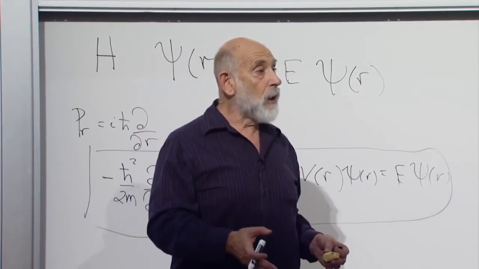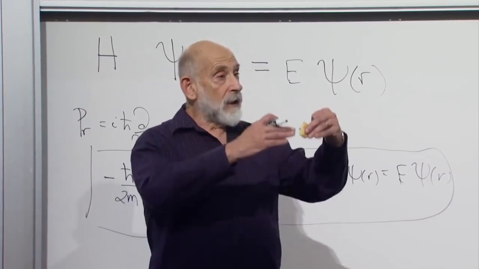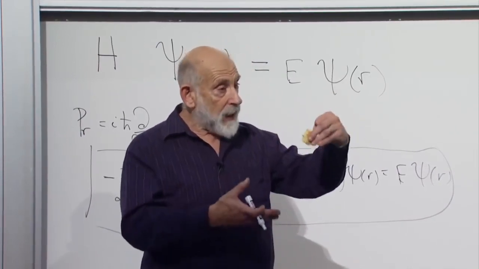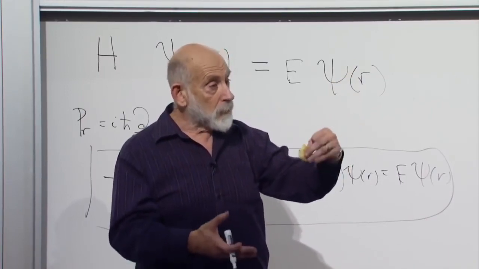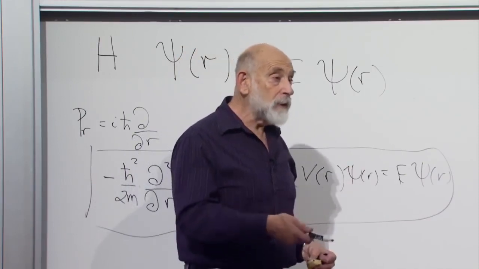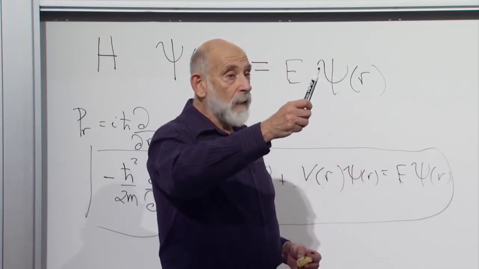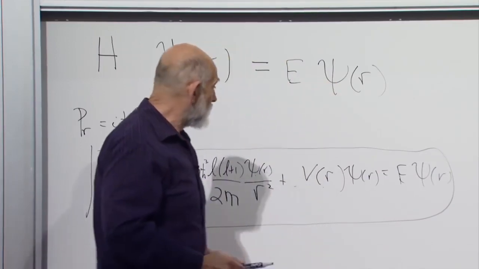There are wave functions of any angular momentum, but the pattern is that they come in these 2L plus 1 multiplets. The 2L plus 1 multiplets are the quantum mechanical analog of if you find a wave function and you rotate it around.